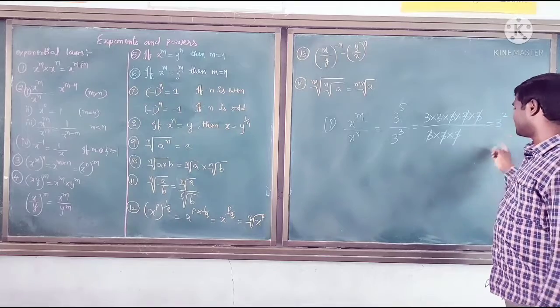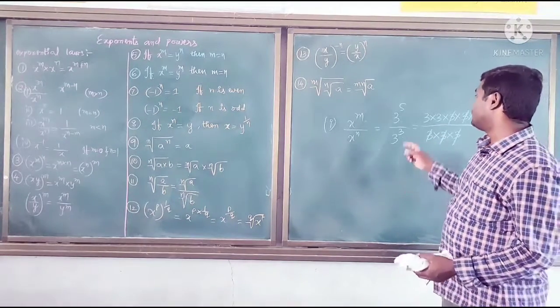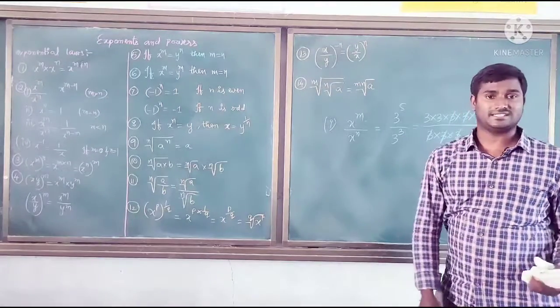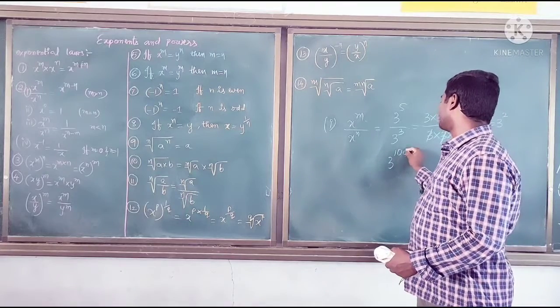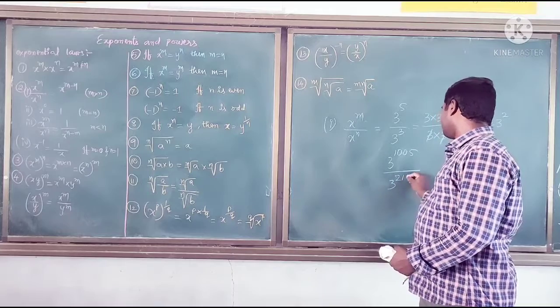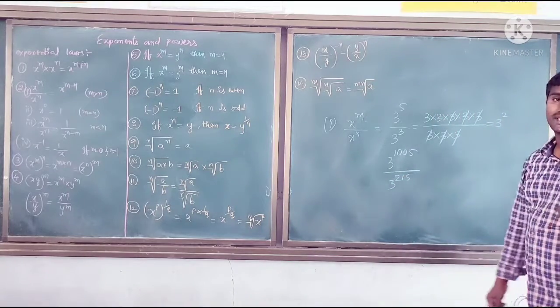Suppose they gave a bigger number, like 3 power 1005 by 3 power 215, so we cannot expand. If we expand in this manner, it will take more time.